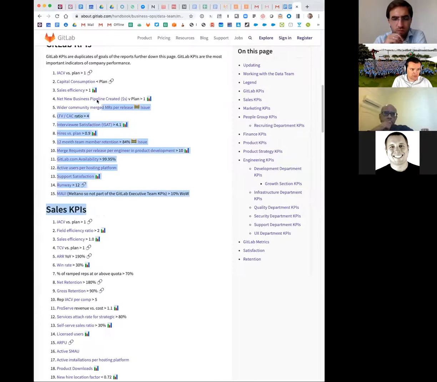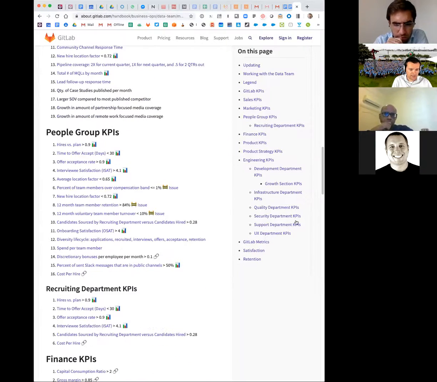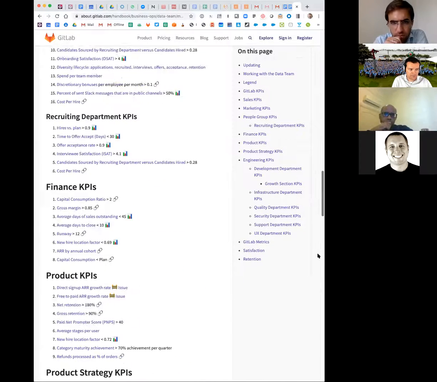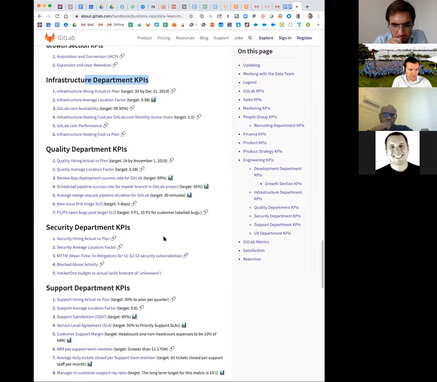These are the top goals, and some of these are sales related, some are people related, some are engineering related. And then these are the top goals of sales, marketing, etc. So that's how they trickle down. And for engineering, they even have sub goals for all the different departments. So they've done an even better job of trickling down the goals to the individual departments.